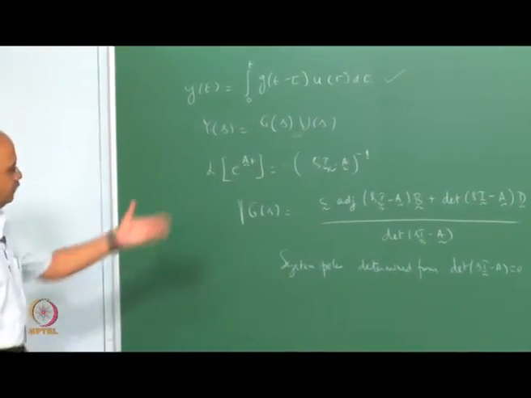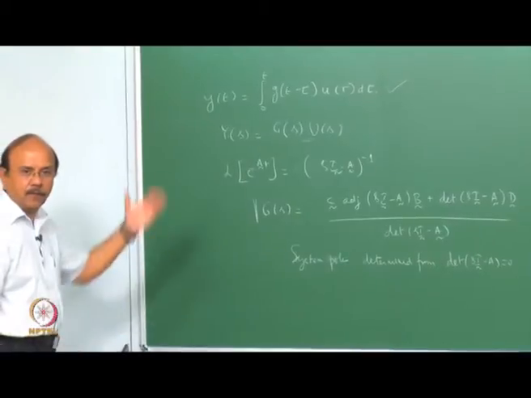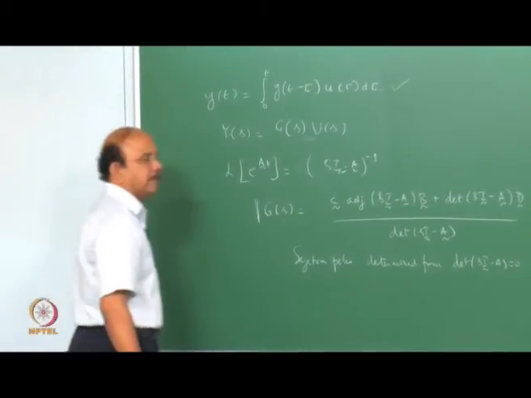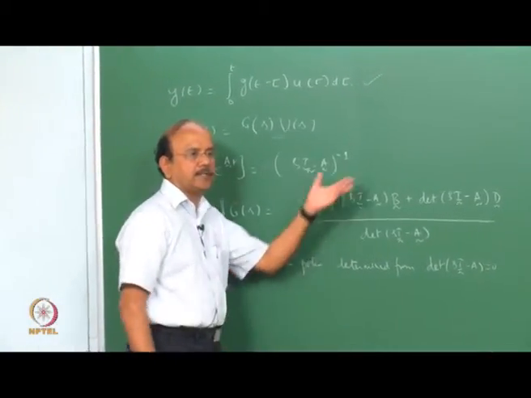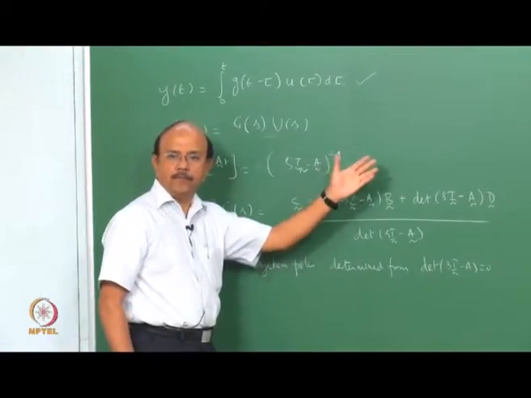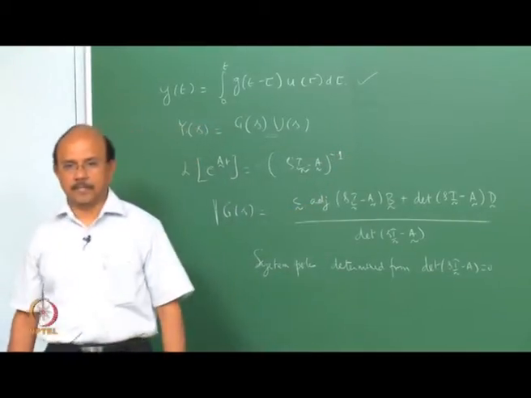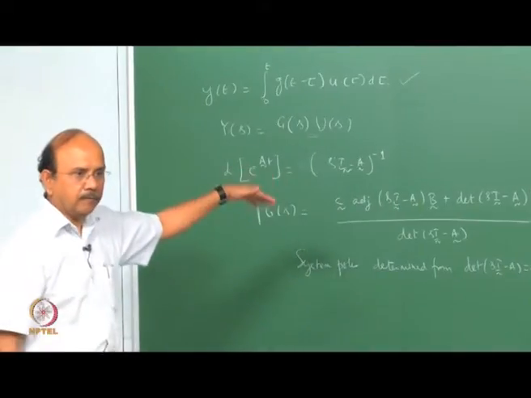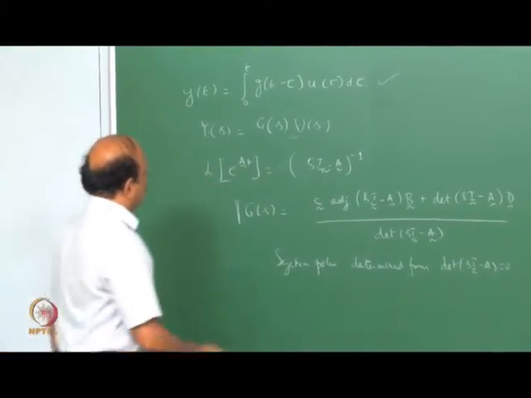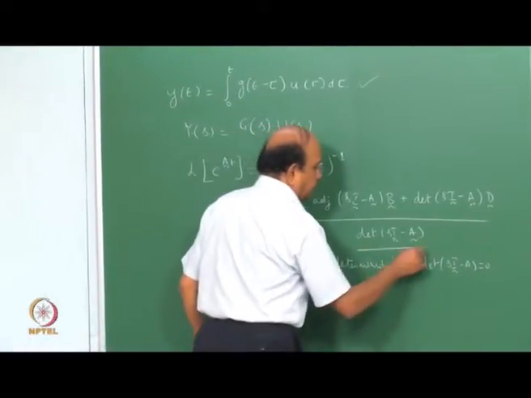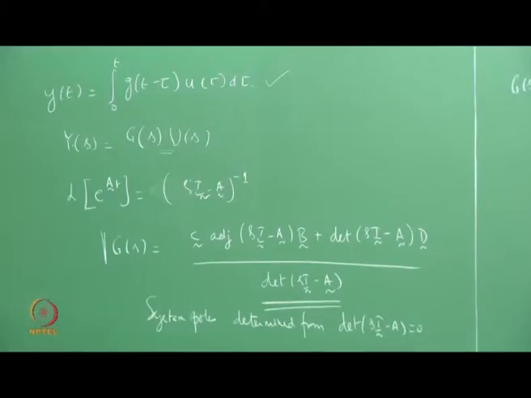Okay, and a very standard equation comes from, remember, x dot is equal to Ax plus Bu, y of t is equal to Cx plus Du. From that we get this. And the poles of the system are determined from this determinant equal to 0. Okay, and you know the importance of poles.